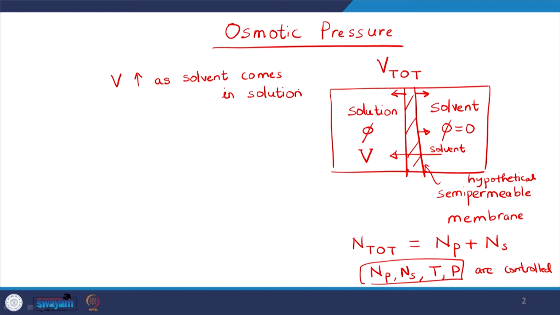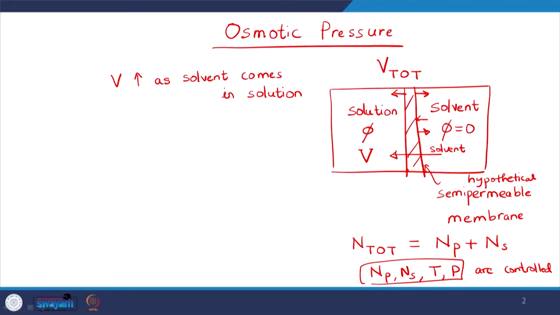So, in general, if I start this particular system, the solvent will have a tendency to pass through the membrane to the solution, and whenever that happens, there is a change in the volume of the solution, right. Now, if I want to stop that from happening, I have to apply some pressure, let me give it a name pi, to keep the membrane at a fixed location, right.